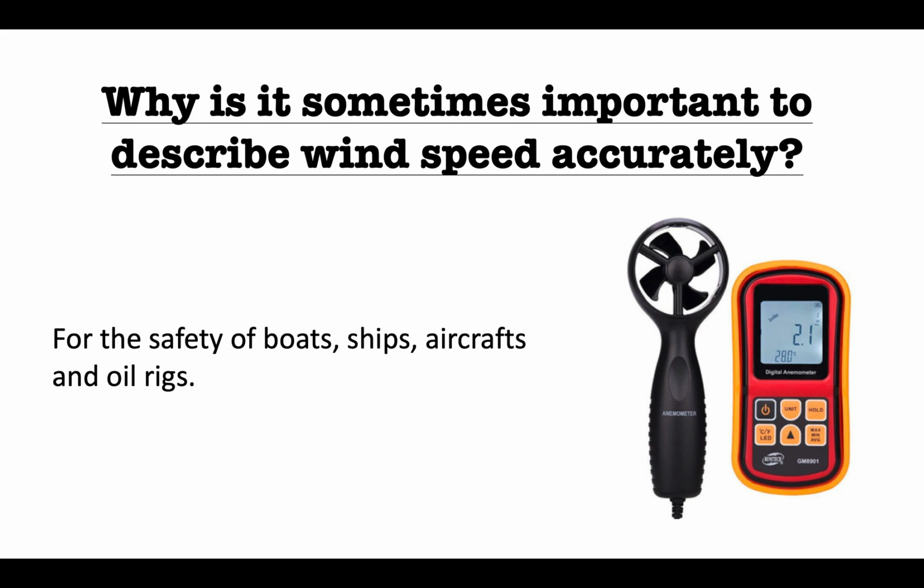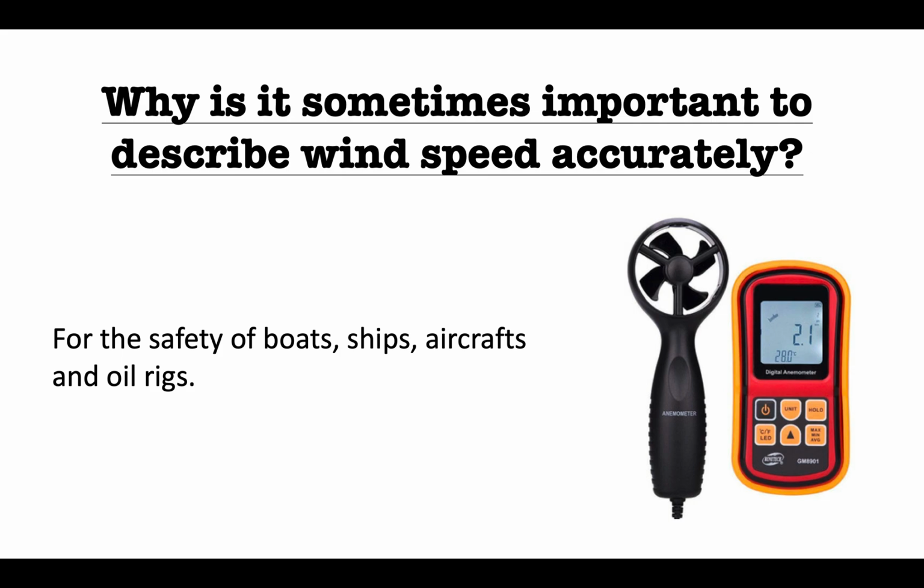Now let's move on to the paragraph on page 55. How can we measure wind speed? Sometimes it is important to describe wind speeds accurately, especially for the safety of boats and ships, aircraft, and oil rigs. The scientific instrument for measuring wind speed is called an anemometer.